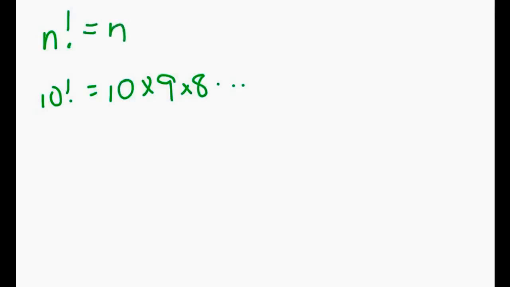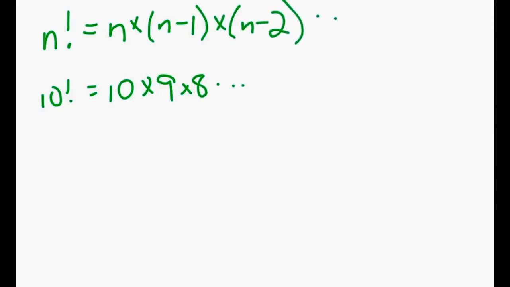We'd start with the number n, then we'd times it by whatever n minus 1 is, right? Because that's how we got to 9. We subtracted 1. Then we subtracted 2 for the 8, and so on. And that would continue until you got down to 3, 2, 1, just like we do for normal numbers, right? In 10 factorial, we go 10, 9, 8, all the way down to 3, 2, 1. So it would be the same sort of pattern if it was n.